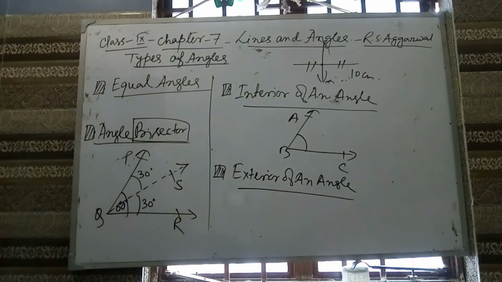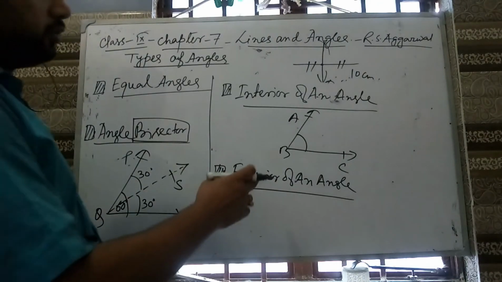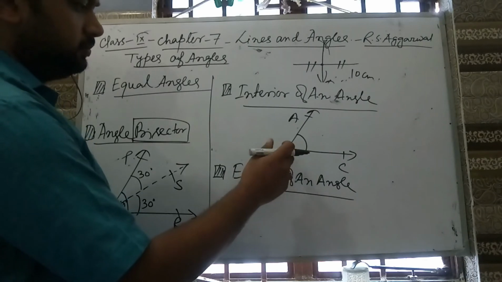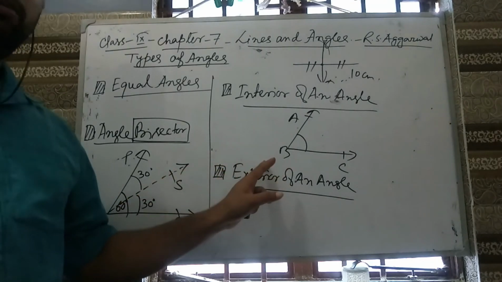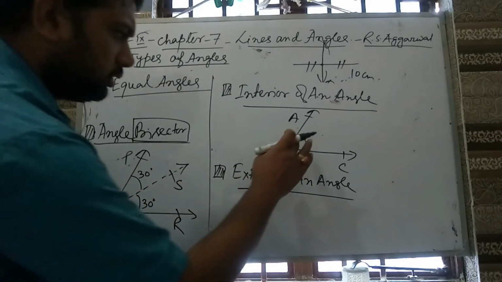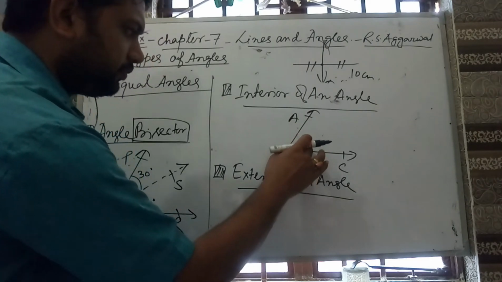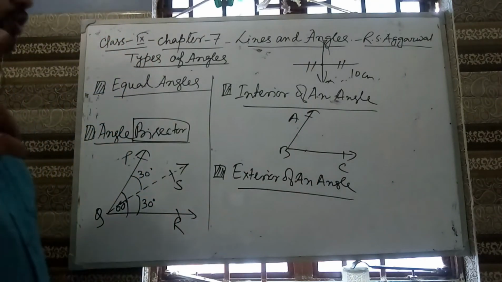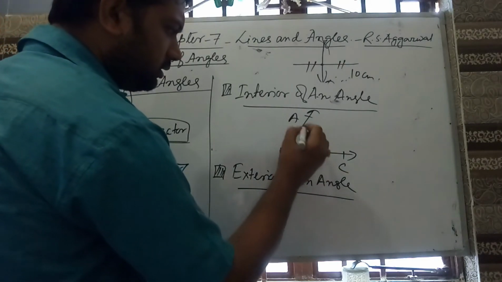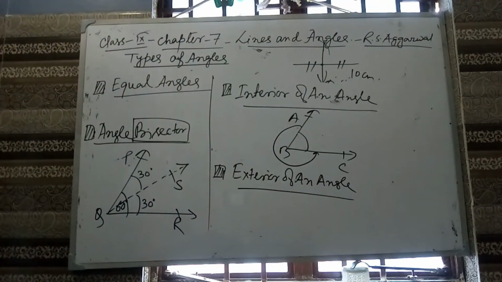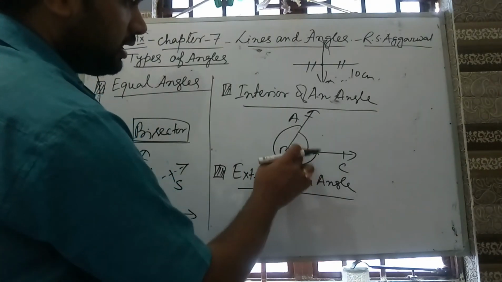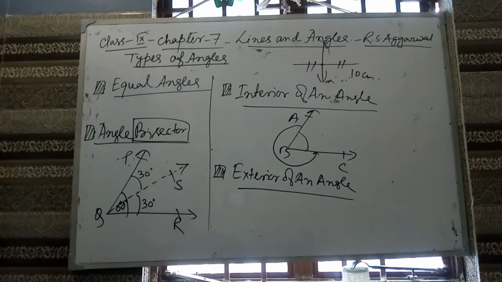This is our angle. Look, when we consider angle ABC and we do not mark it like this, here two angles have formed. One is this one or this one. So that's why you always have to mark an arc like this, so that it will indicate which portion of the angle we are actually identifying.